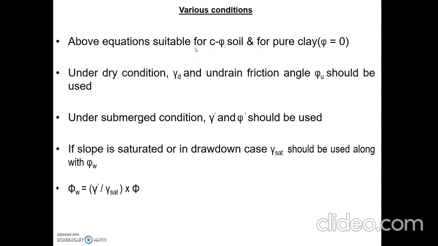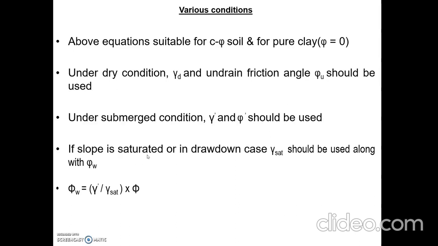Now the above equations which we have seen will be suitable for C-phi soil and for pure clay wherein angle of internal friction phi will be equal to 0. Now for dry condition we will have to use gamma d, that is dry unit weight, and undrained friction angle phi u has to be used. And for submerged condition, like if the slope is submerged, then we will have to find out gamma dash, which is also represented by gamma sub, which represents submerged unit weight, and phi dash will have to be used.